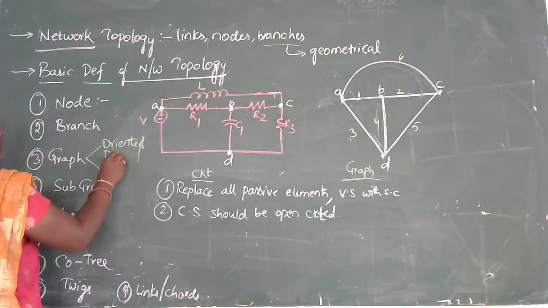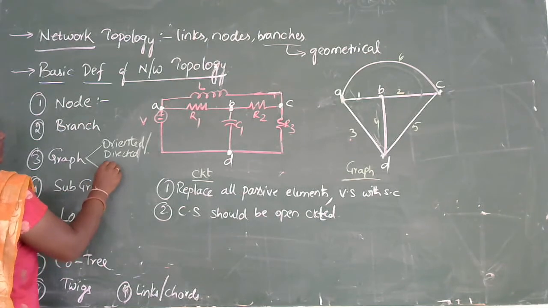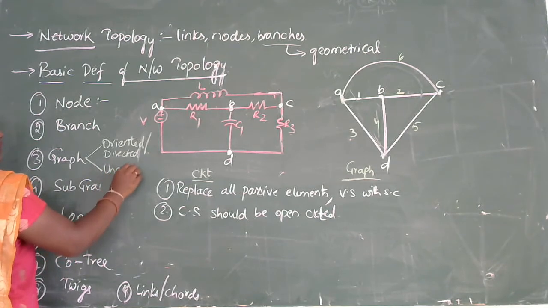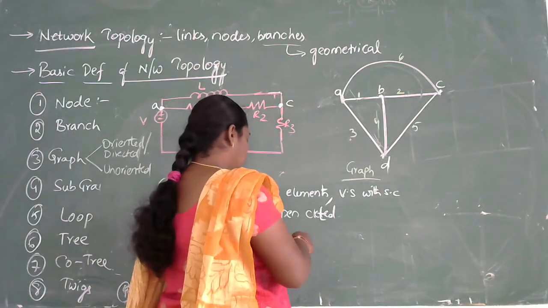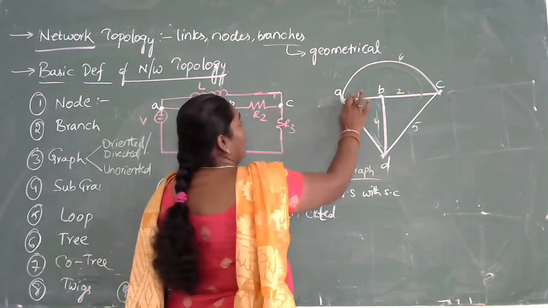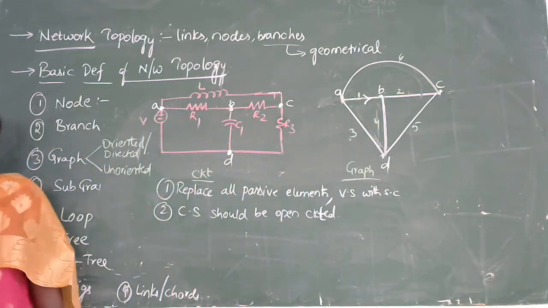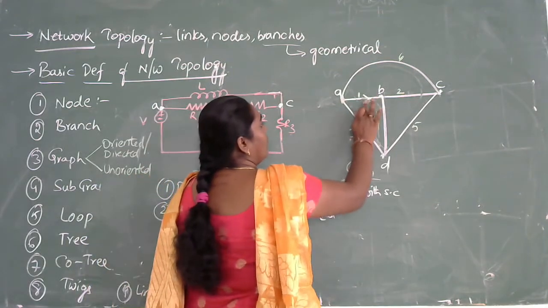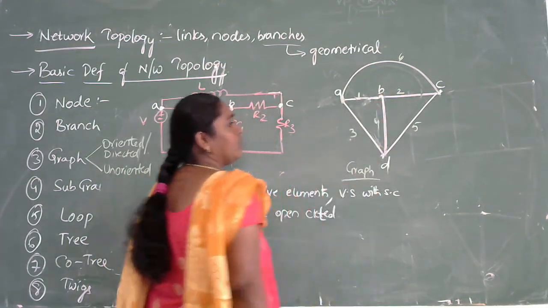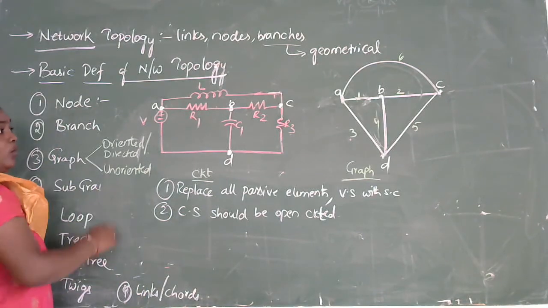The other one is unoriented. The name itself indicates: if there are some arrow marks, that is, some indication of how the current is flowing from one node towards the other, then such a graph is called an oriented or directed graph. If there are no arrow marks, meaning it does not specify the direction of current flow, such graphs are called unoriented graphs.